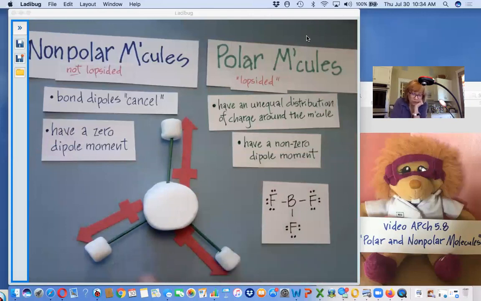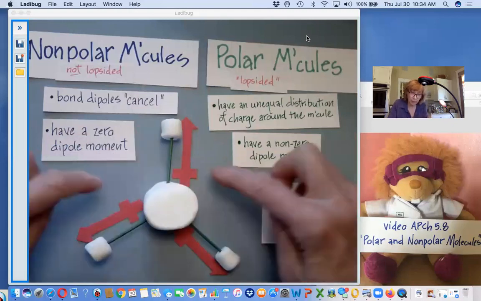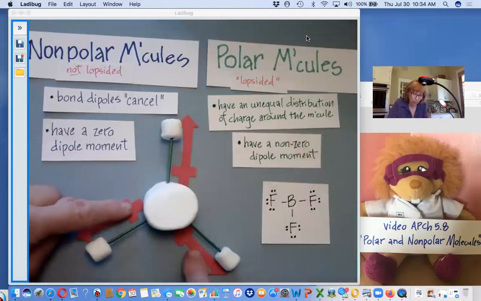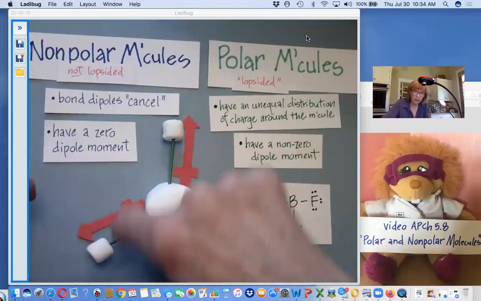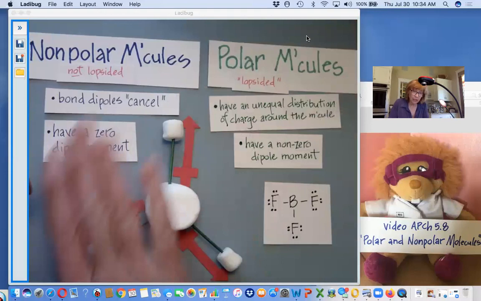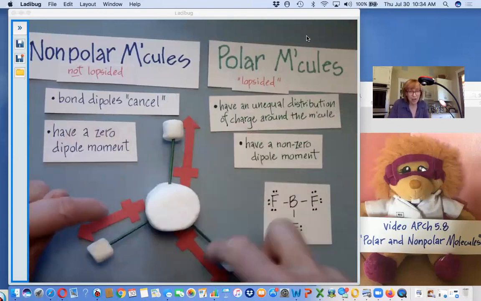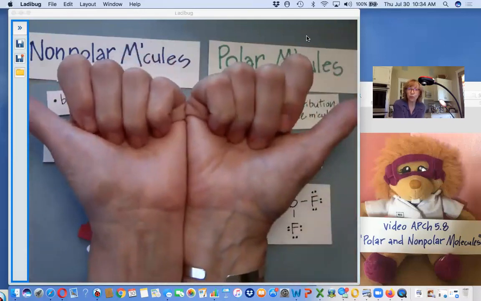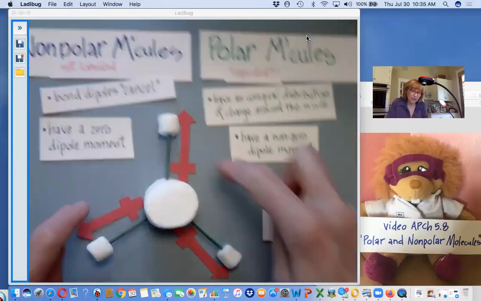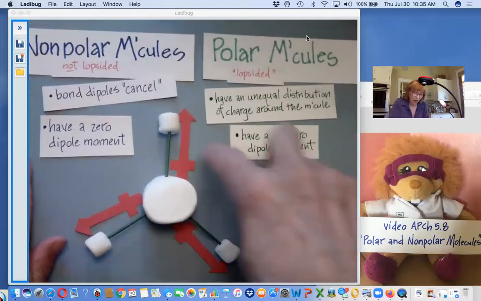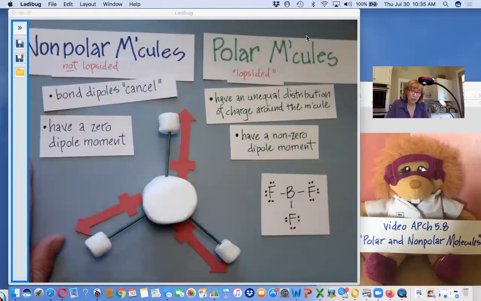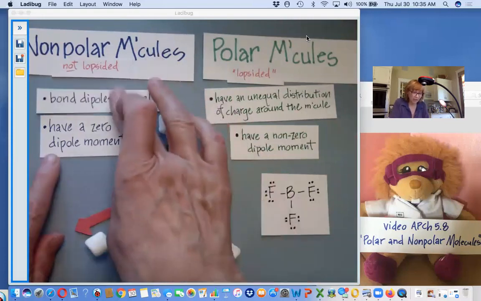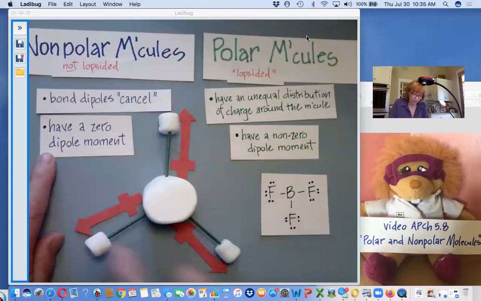Because this molecule is planar, it's flat as a piece of paper, and the three bond dipoles are the same, and they're all arranged symmetrically on this plane, then these three bond dipoles do in fact cancel each other out. That's a little harder to see than when we had linear, just two pointing in the opposite directions. This is three bond dipoles, all equal distance from each other on a plane. This molecule has a 0 dipole moment. The bond dipoles cancel out. The net effect is 0.